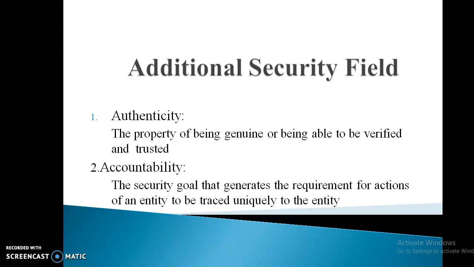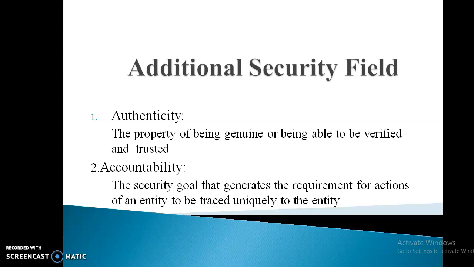Although the use of CIA to define security objectives is well established, some in the security field feel that additional concepts are needed to present a complete picture of computer security objectives. So they decided to add two more fields: first authenticity, second accountability.